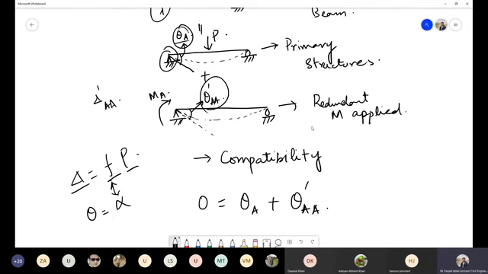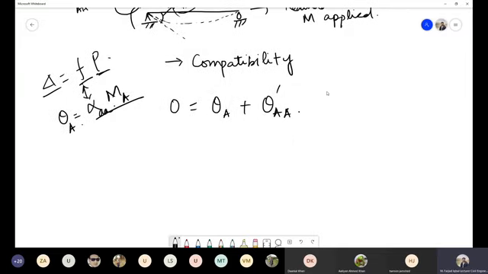In the case of linear deflection, it is represented by F. In the case of angular deflection, we will represent it by alpha, and since we are applying a moment, the P factor will be replaced with moment, because moment is also a type of load. These two produce this rotation, theta A and this alpha A. So I can replace this theta dash A with this factor over here.